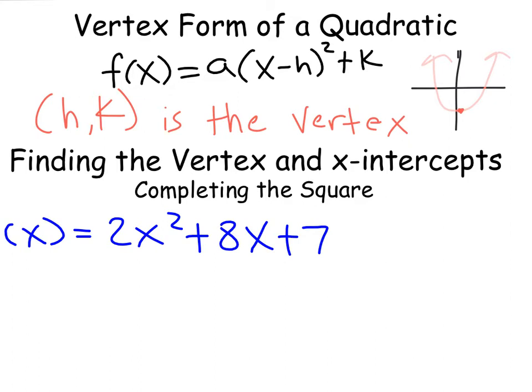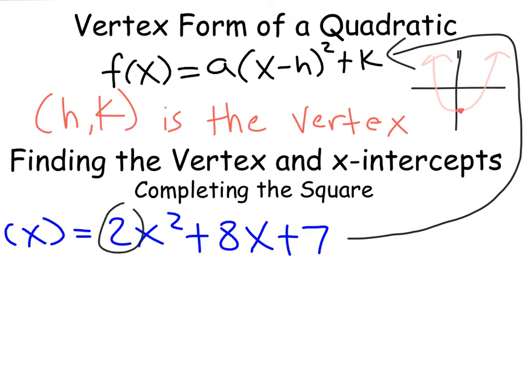But I want you to know, as I do this, my goal is to take this standard form quadratic and switch it over to this vertex form. Keeping in mind, as far as the number that goes out front, I already know it's going to be 2. This graph's a little bit skinnier than the parent function and it opens up. All right, here's the approach that I'm going to take. I'm going to factor out a 2 of these first 2 terms.